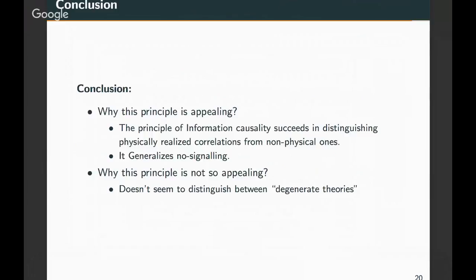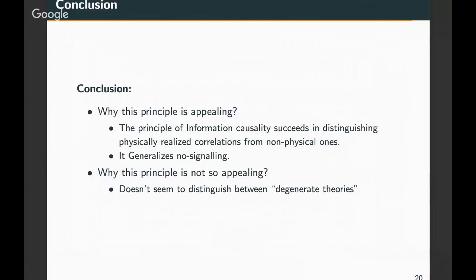So this information causality principle gives me a Tsirelson bound, but it doesn't help me distinguish between quantum theory, the old quantum theory, and Bohmian mechanics. So the principle will not lead you to quantum mechanics, because it's not a one-to-one mapping.